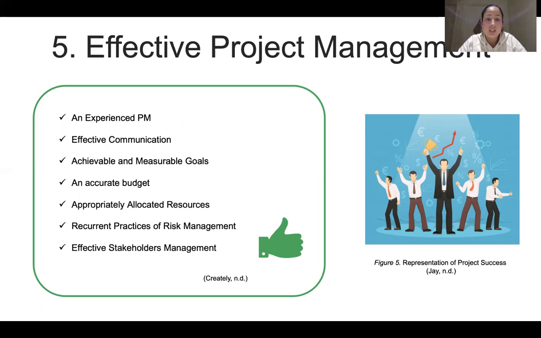They should have an experienced project manager. That is a really important point to get a successful project. Another one is effective communication, achievable and measured goals, and an accurate budget.